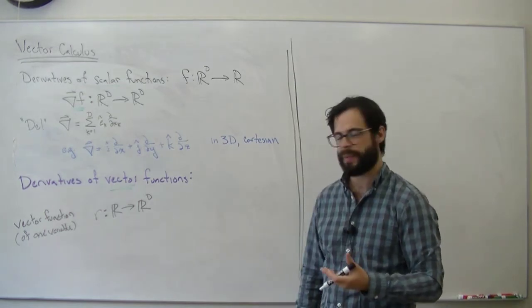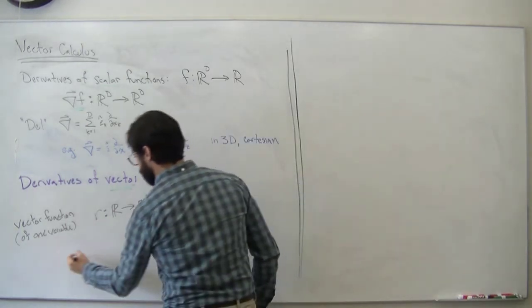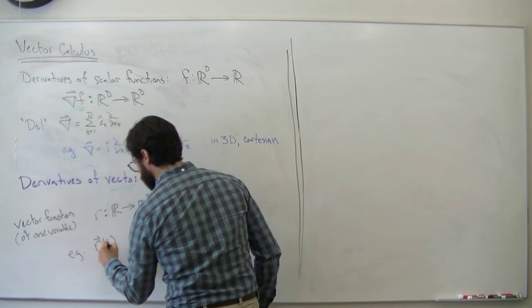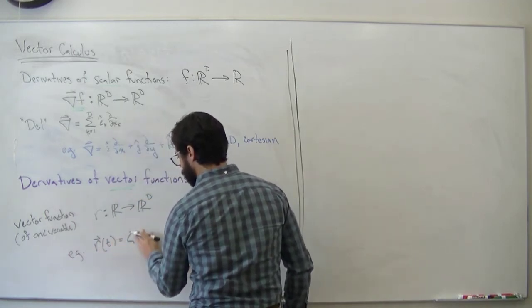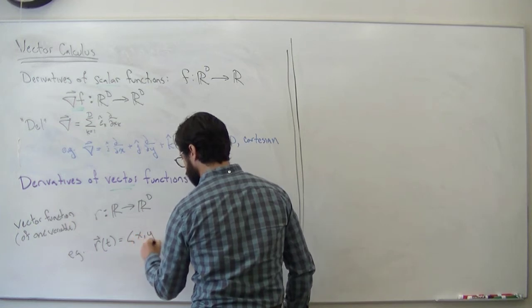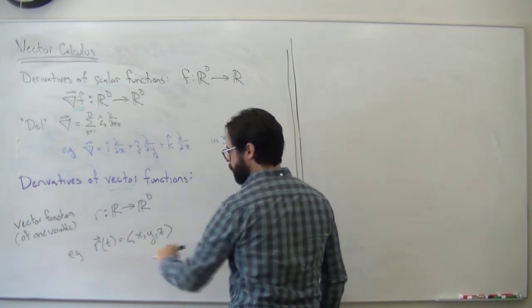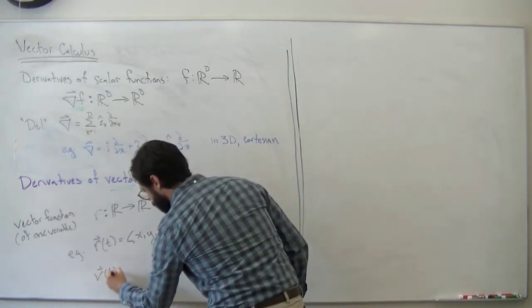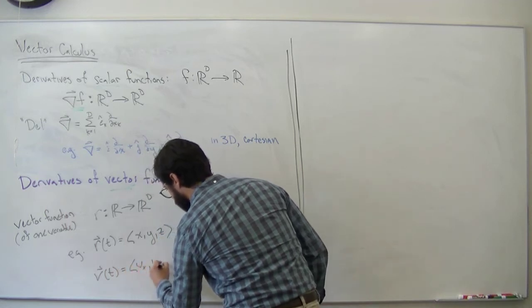Because a really good example is the position vector in mechanics. So an example would be position: you tell me the time, and then I tell you its x, y, and z coordinates. One number goes in, three numbers come out. Another good example would be velocity, say vx, vy, vz, and another would be acceleration.